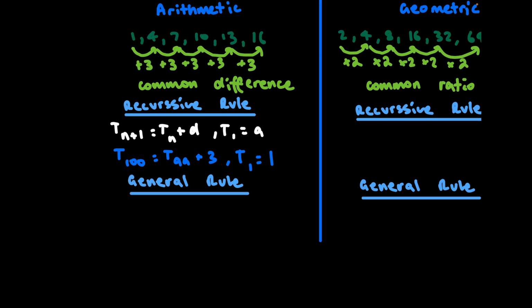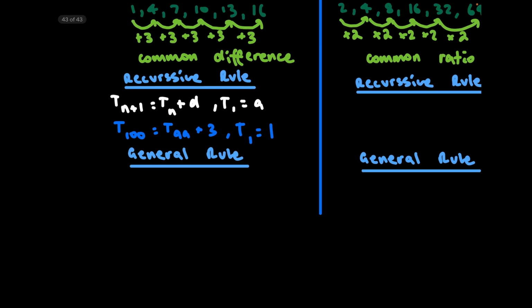The general rule is much nicer to use, and here is how it looks. The general rule is simply Tn, any term, is the same as a plus the common difference times n minus 1.